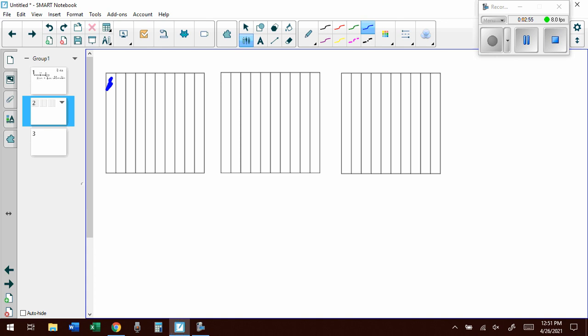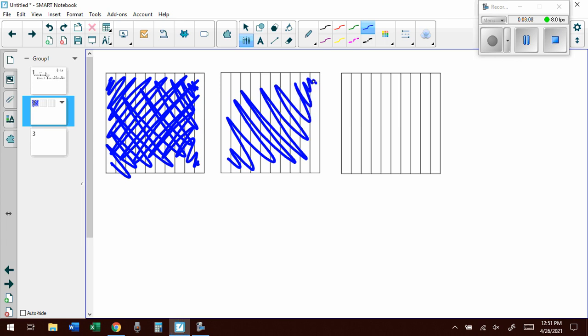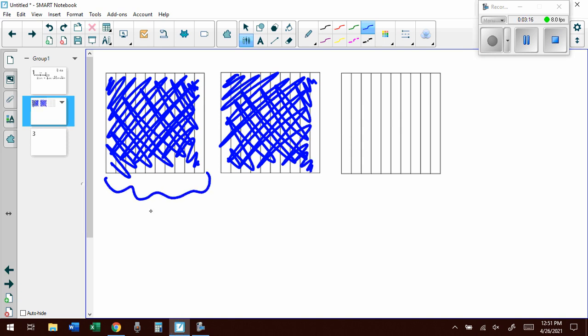So we're going to shade in one whole piece. Two whole pieces. And I have our one whole piece here and our one whole piece here.